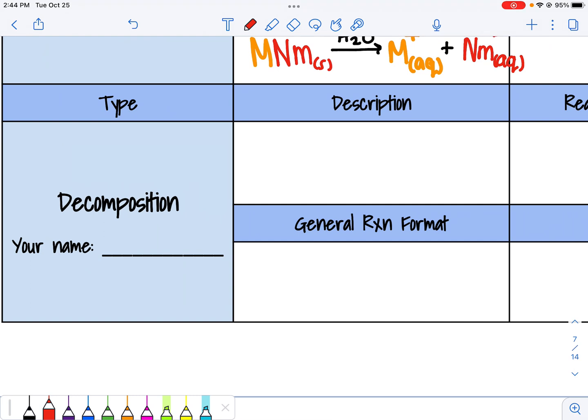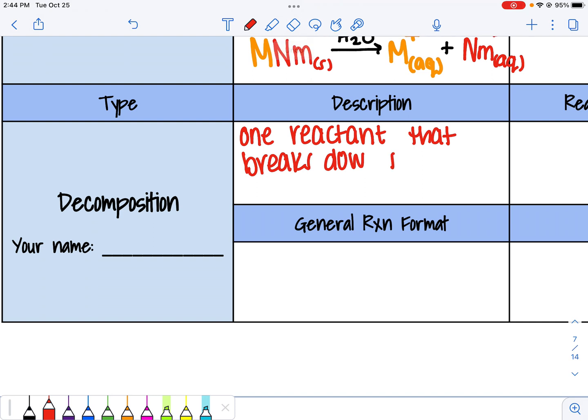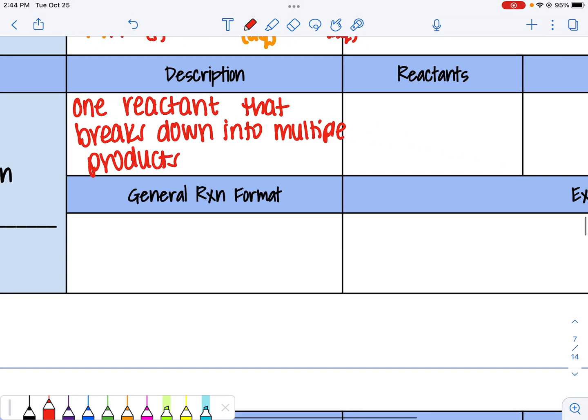In this case, you have one reactant that breaks down into multiple products. So your reactant here is one reactant.